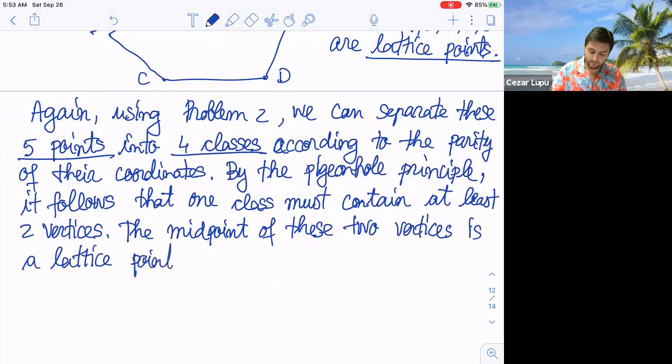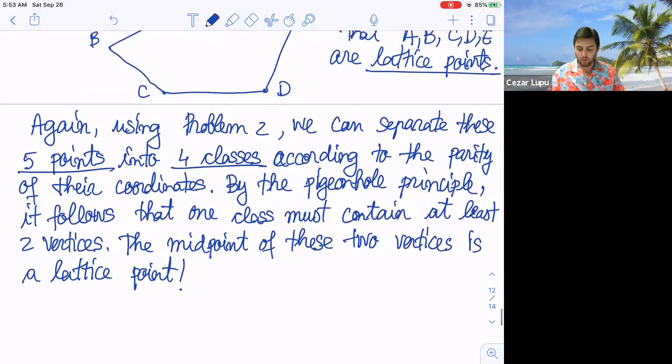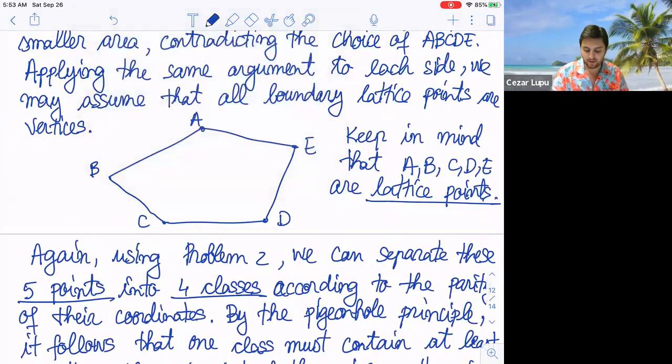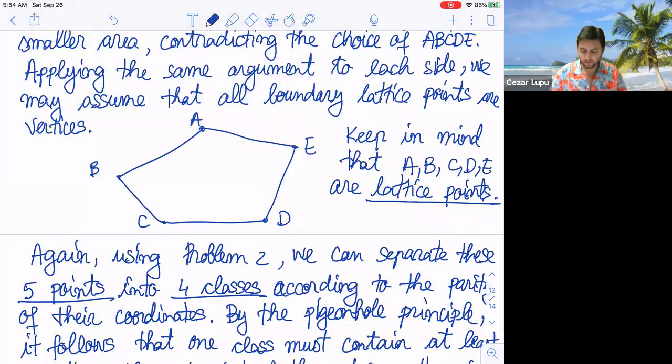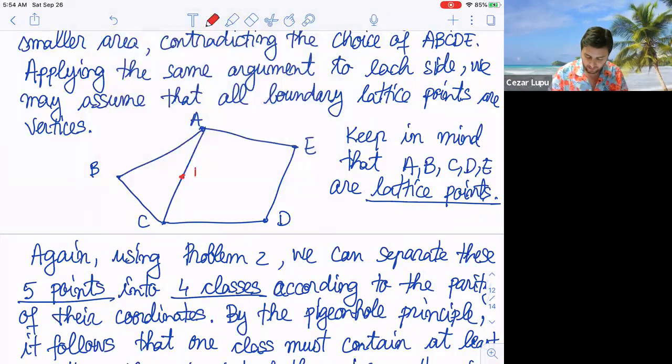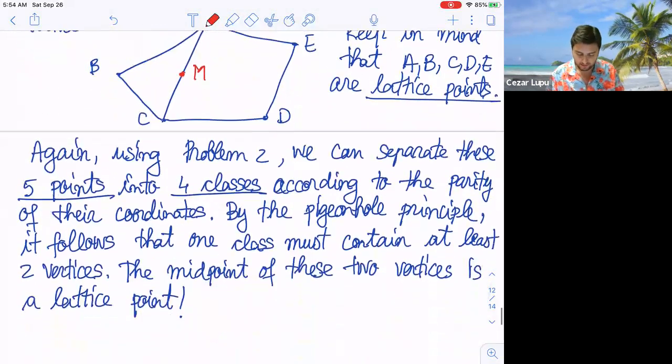And now let's see. Keep in mind that, for example, M, let's take the midpoint to be M, cannot be here. We said why, because it will contradict the minimality. So let's forget about this. M has to be somewhere, let's put it here, for example.